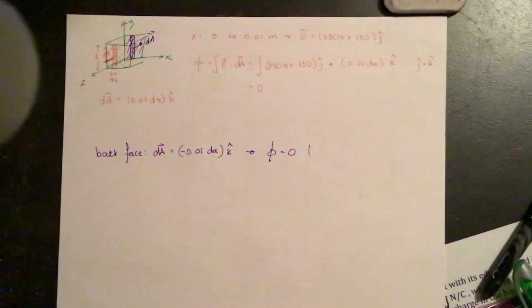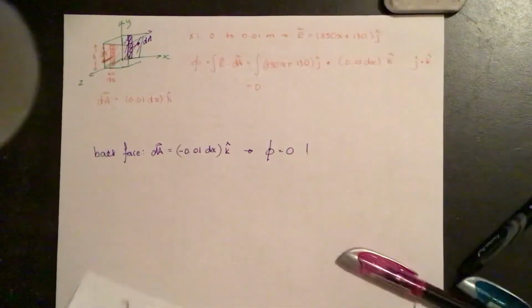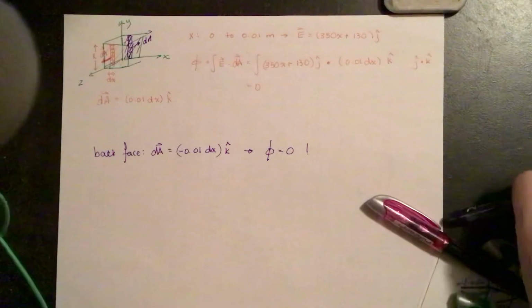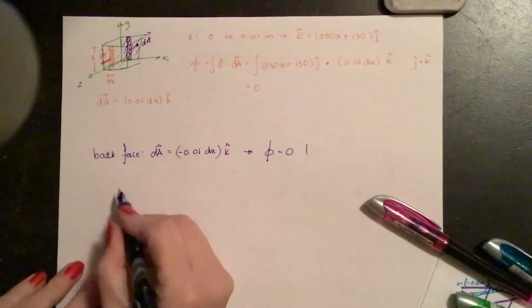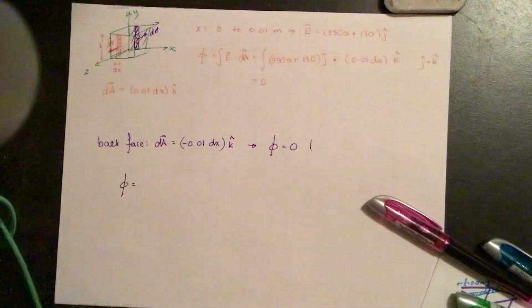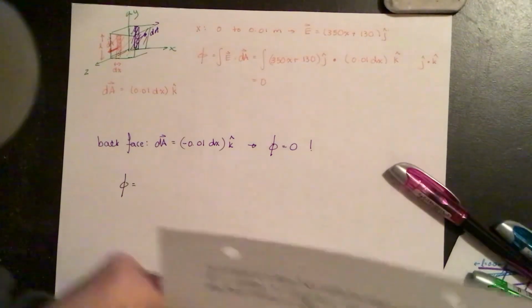Okay, now we'll circle back around to what the question was. What is the net electric flux through the box? My net electric flux is all of those values added up. We'll just have a look as we add them up.